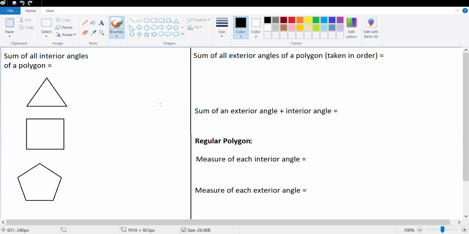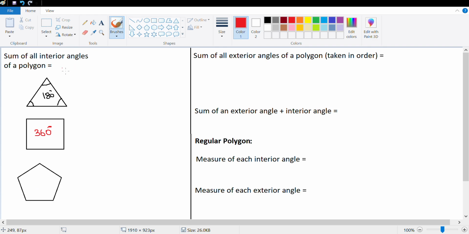So here, let's talk about something which we've done in class 8 as well. What is the sum of all interior angles of a polygon? Well, we know in this case it is 180 degrees. In this case, it is 360 degrees, right? What is the sum of all angles of a pentagon? I hope you remember the formula.